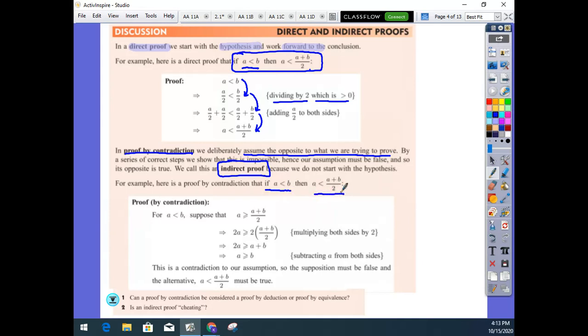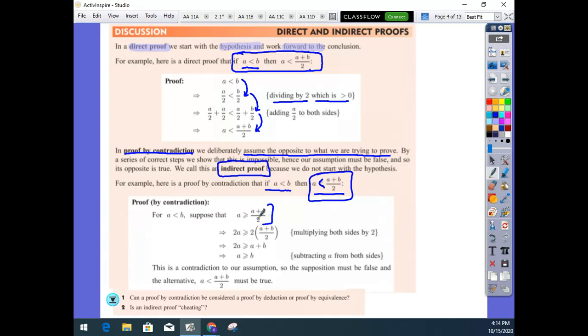We're going to assume that the conclusion is false. So what's the opposite of less than? If A is greater than or equal to A plus B over 2. And then we work our way backwards and we show that it contradicts our hypothesis.